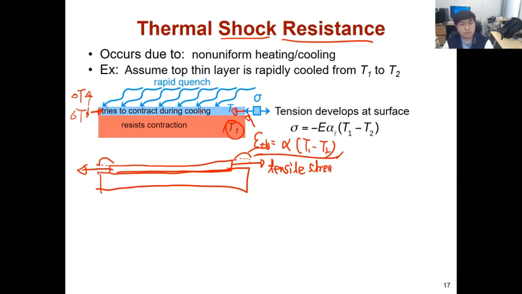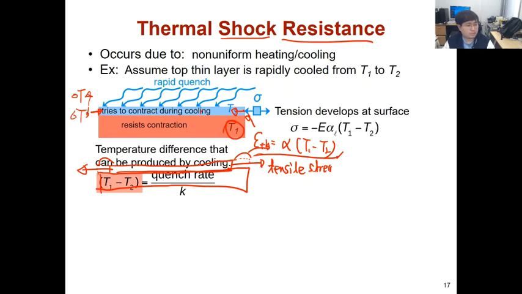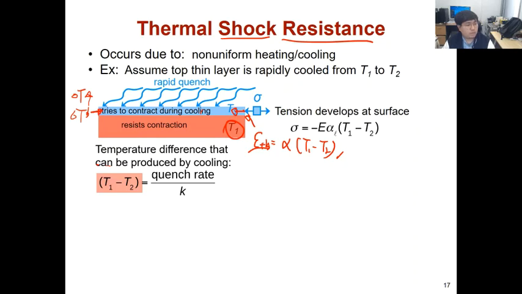Compared to the previous example, which experienced some compressive stresses, here we can expect tensile stresses on the surface part. So a temperature difference can give rise to tensile or compressive stress depending on the direction of the temperature change.